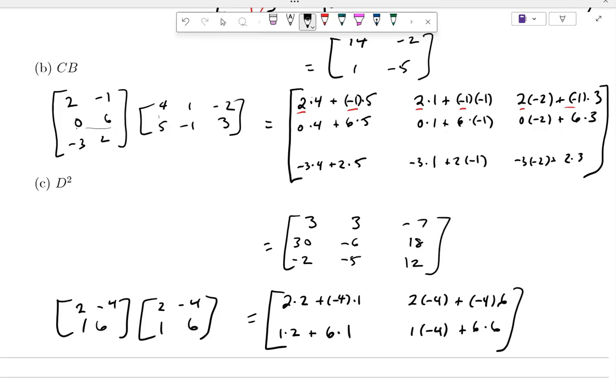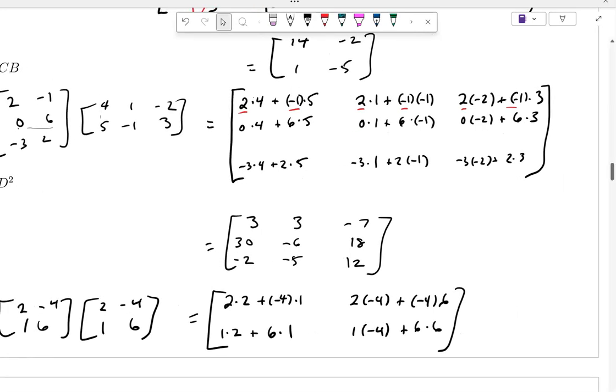And if we simplify the arithmetic here, 4 minus 4 is 0. Negative 8 minus 24 is negative 32. 2 plus 6 is 8. Negative 4 plus 36 is positive 32.